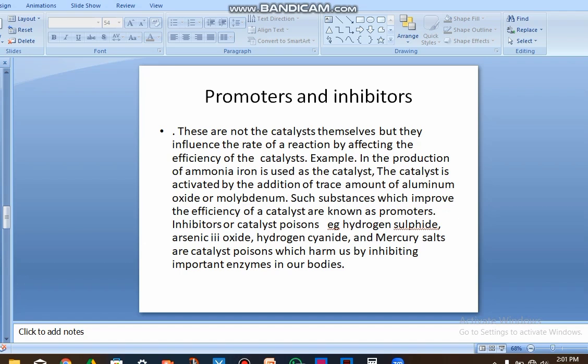For example, in the production of ammonia, iron is used as the catalyst. Write it down. In the production of ammonia, iron, Fe, is used as the catalyst.